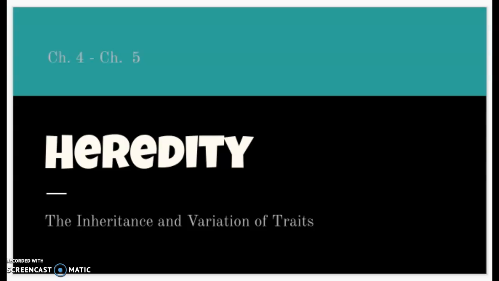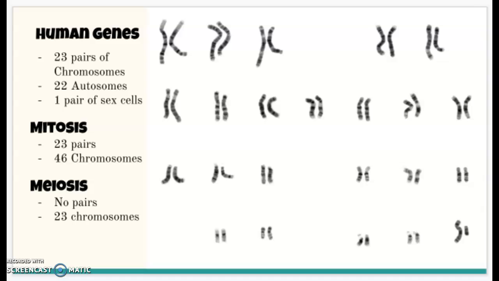All right, we're going to begin part 2 of the chapter 4 and 5 lecture today over heredity and the inheritance and variation of traits. So we ended off last time talking about the number of chromosomes that humans have.